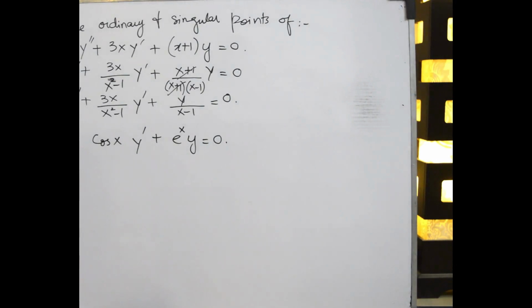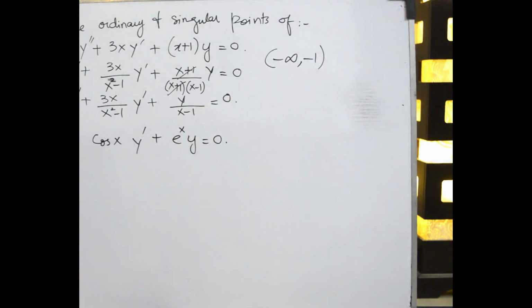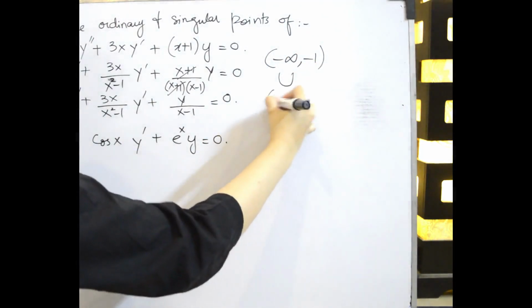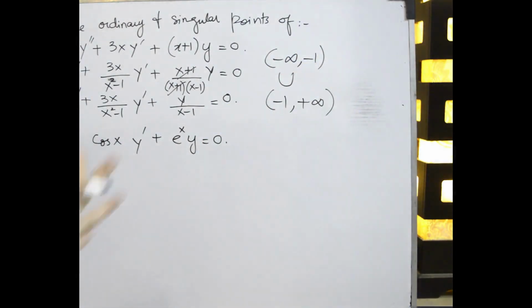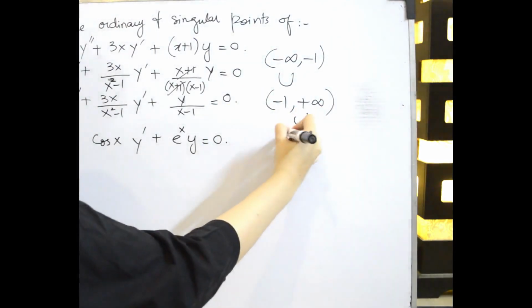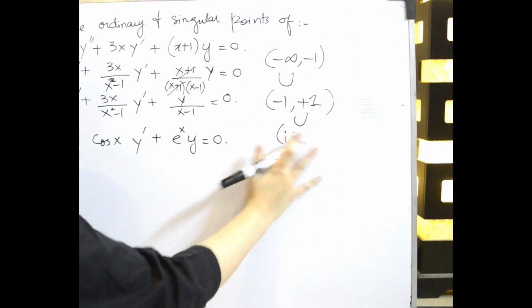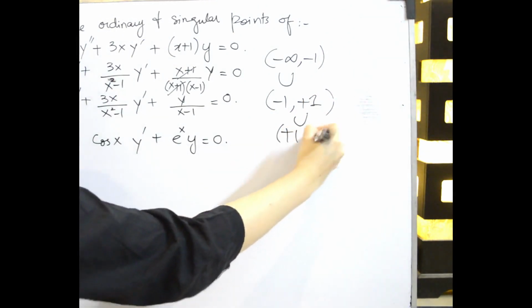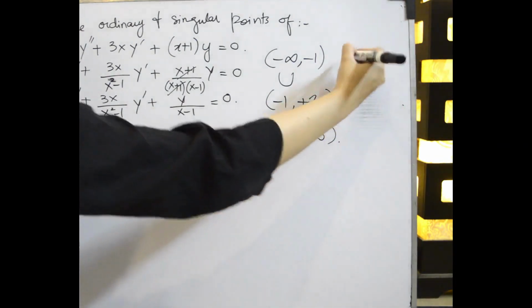The ordinary points are from minus infinity to minus 1, union from minus 1 to plus 1, and union from plus 1 to infinity. So these are your ordinary points.